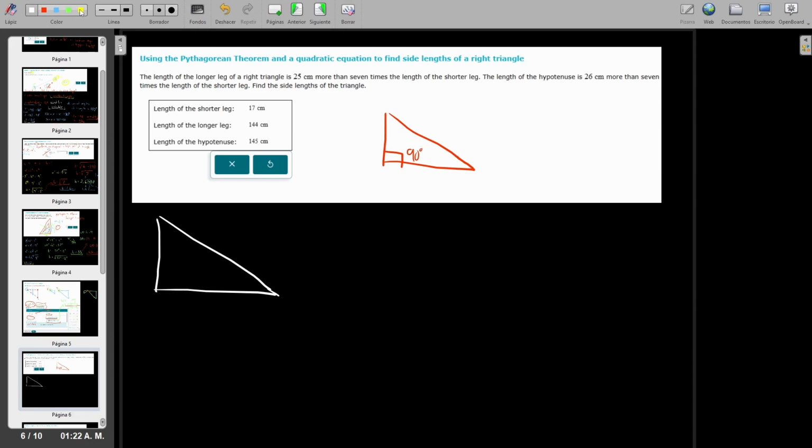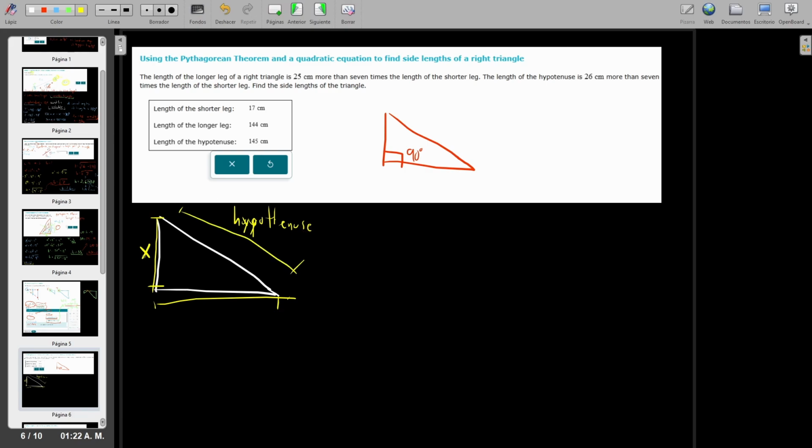Okay, using this logic, the shorter leg is going to be this one, and we can name it x. Why? Because they are saying that the longer leg is this part, and this is going to be the short leg. The longer leg is going to be this part. This diagonal is going to be the hypotenuse.